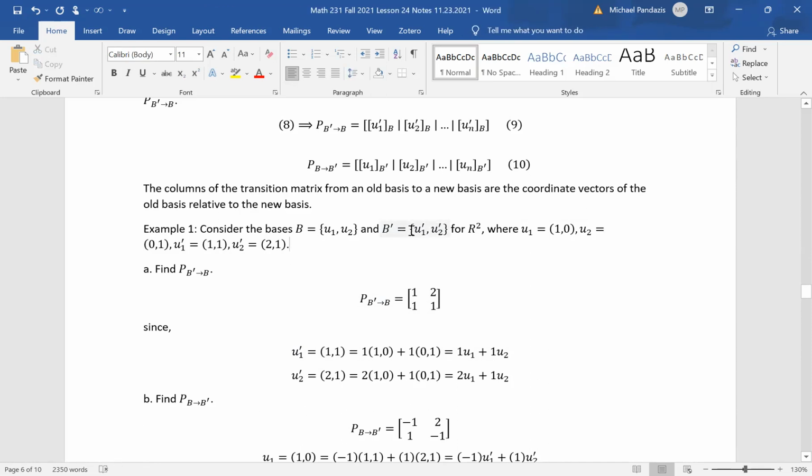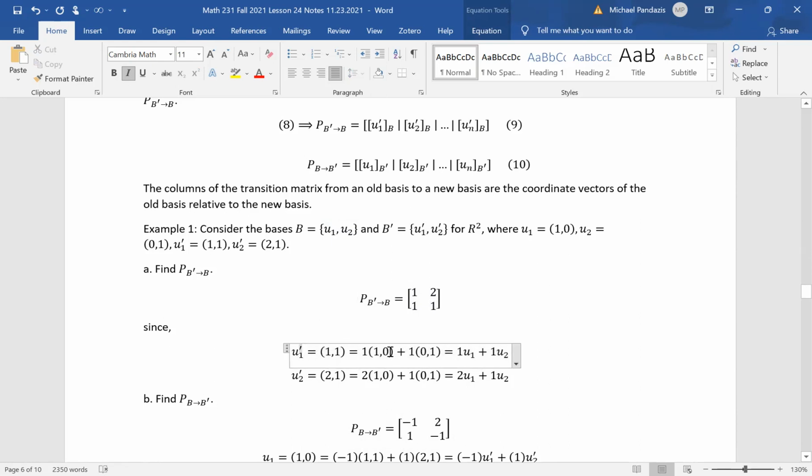So to get the columns of your transition matrix, you want to take each old basis vector, U1 prime and U2 prime, and express them as linear combinations of the new basis vectors, which are U1 and U2. The first old basis vector, you write as a linear combination of U1 and U2, the new basis vectors. The second old basis vector, you write as a linear combination of the new basis vectors. The coefficients of those linear combinations correspond with the columns of the transition matrix.